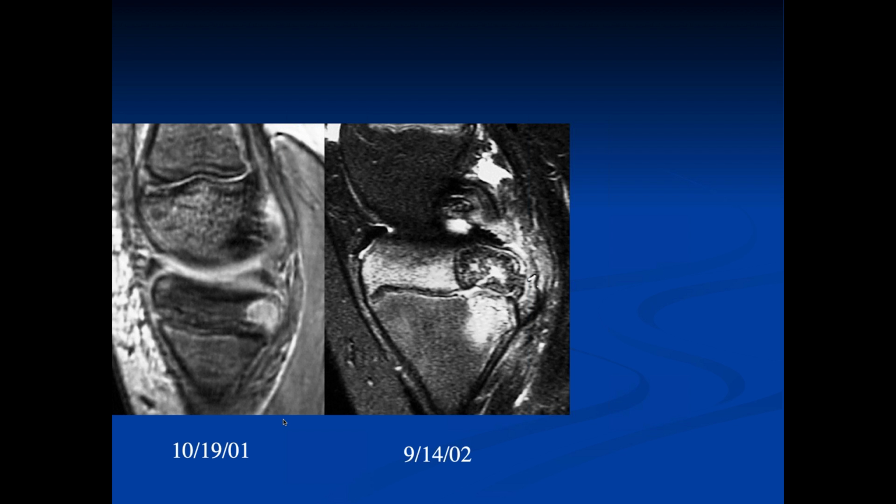And here it is one year later, and it's still circumscribed, with mixed density, kind of low peripheral and then central T2 bright, and there's probably some edema in the adjacent metaphysis. This could be something like a chondromyxoid fibroma, potentially. Other things could be like a chronic infection. Would you have waited a year?